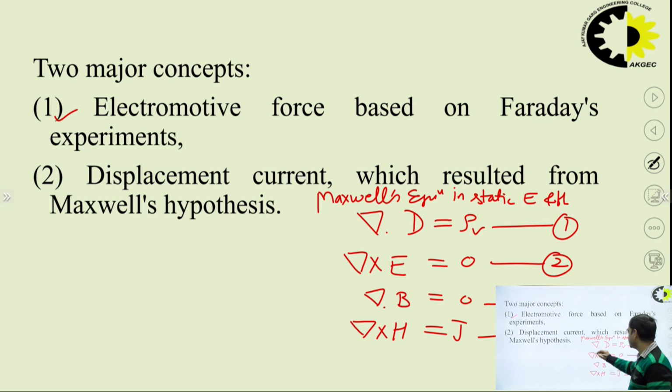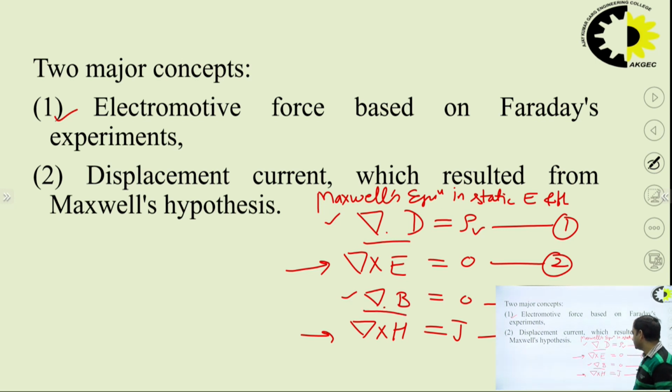Now there are some modifications to these equations. Equation number 1 and equation number 3 will remain the same, but the modification will occur in equation number 2, del cross E equals 0, and equation number 4, del cross H equals J, when we talk about time varying fields. Del dot D is a scalar quantity, so no direction is involved and there is no change with time.